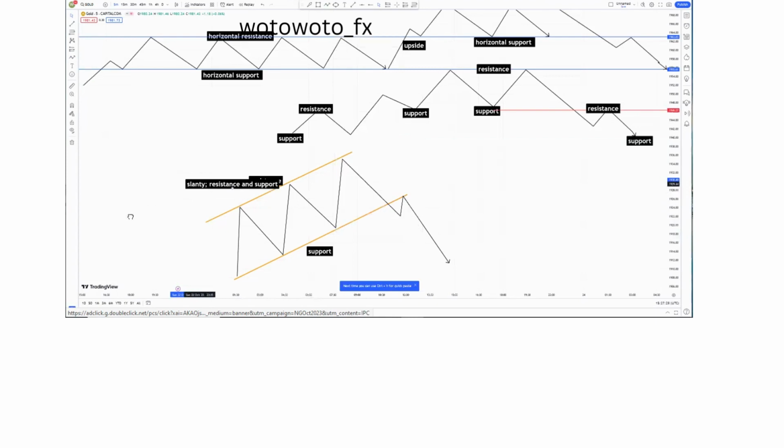Great. So this is the next scenario. This slanty resistance and support.